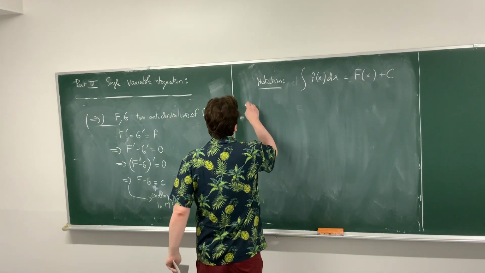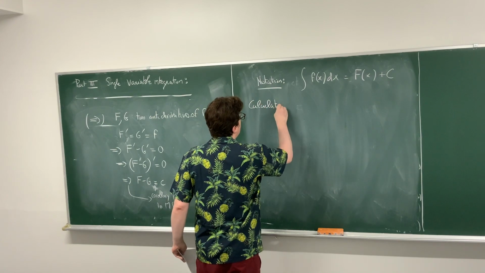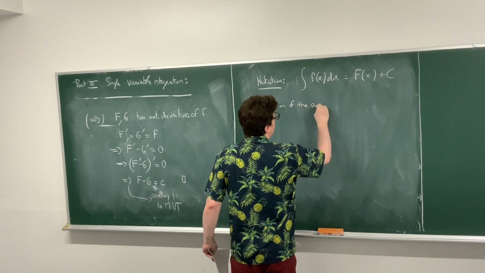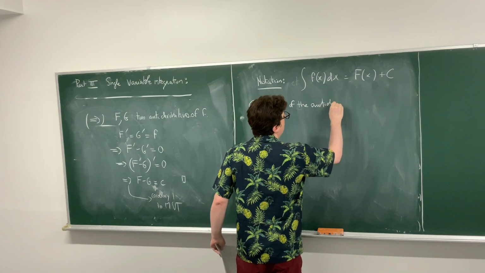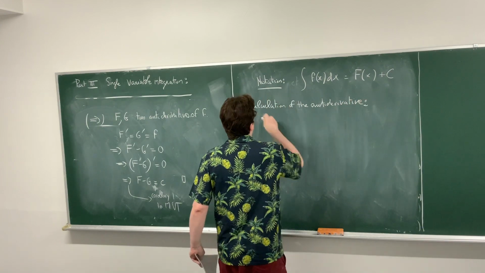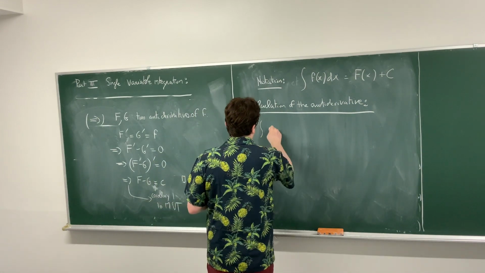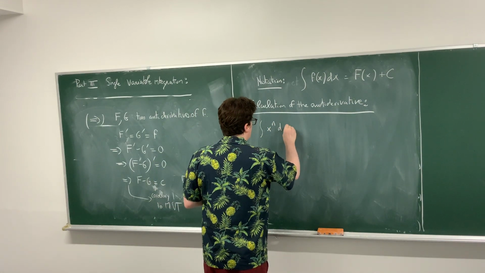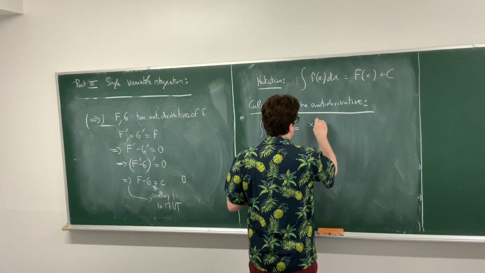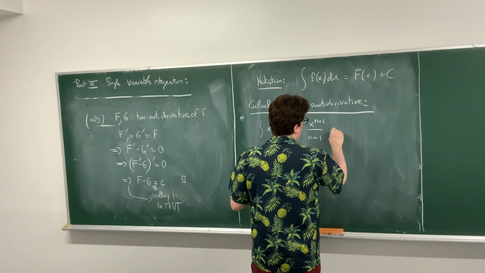Now, calculation of the antiderivative. It's not so hard to prove that the antiderivative of x to the n is x to the n plus 1 divided by n plus 1, plus c.